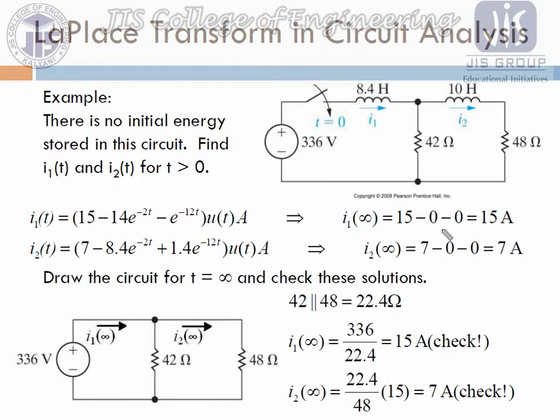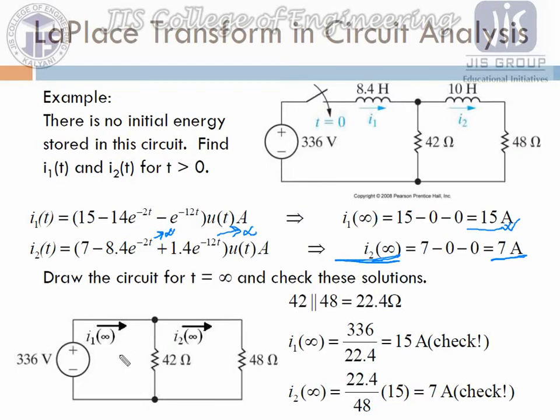So the I1 value at infinite condition is 15 ampere. Similarly for I2 of infinite, we are putting t as infinite, so e to the power minus infinite will be 0. So 7 minus 0 minus 0, that is 7 ampere. So one thing is clear: at the infinite stage the values of I1 and I2 will be 15 ampere and 7 ampere.